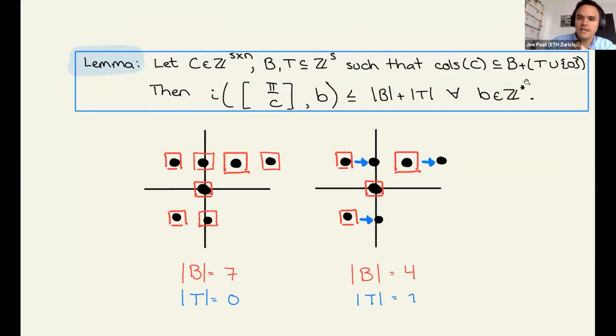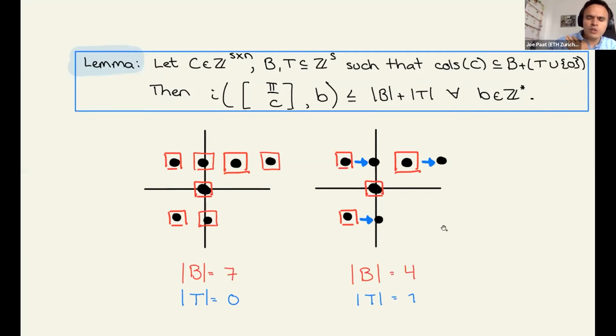Here I have a few examples. Suppose these black dots represent the distinct columns of C. Here I've highlighted in red my choice of B, with seven points in my set B. Here I have only four points in my set B, but if I use this extra translation vector, I still cover all of my black points.